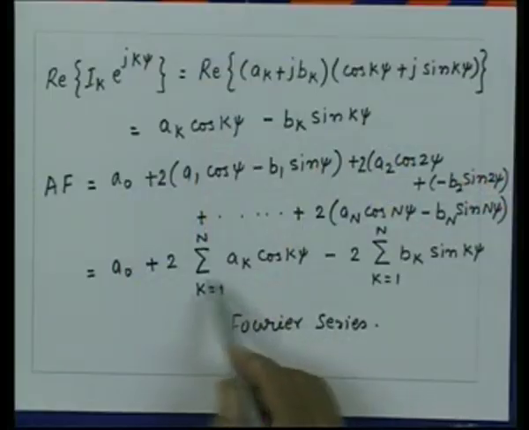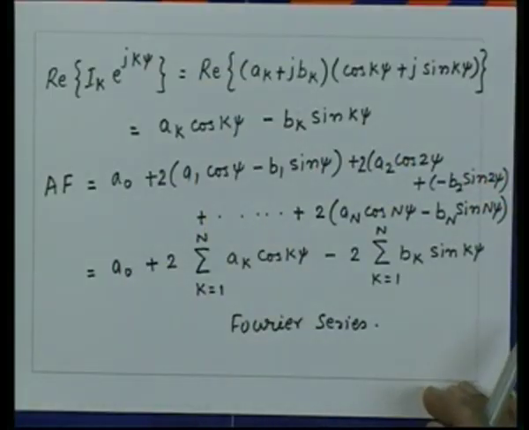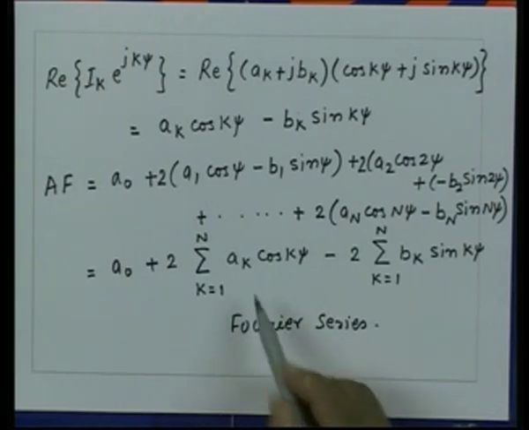So if we know the radiation pattern, which is the array factor, and if we Fourier expand it, then the coefficients of the Fourier expansion essentially represent the complex current excitation of the elements. As we know, the Fourier coefficients can be obtained by multiplying this by cosine of k psi and integrating over a period, and essentially we can get these quantities ak and bk.